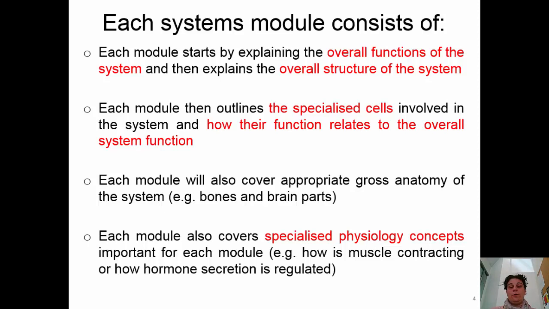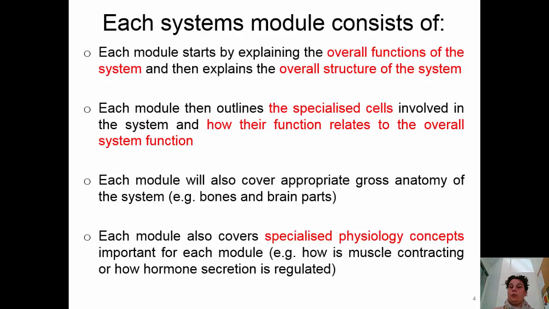Each module will also cover appropriate gross anatomy of the system. So, for example, you'll learn a few bones, you'll learn brain parts, and you'll learn a few muscles. The muscles that you will learn are going to help you locate certain points when it comes to clinical examination.